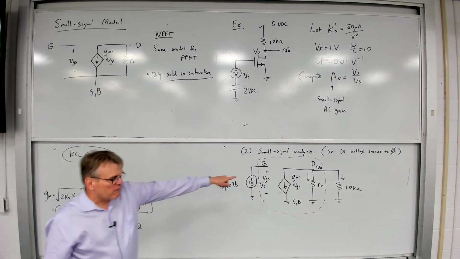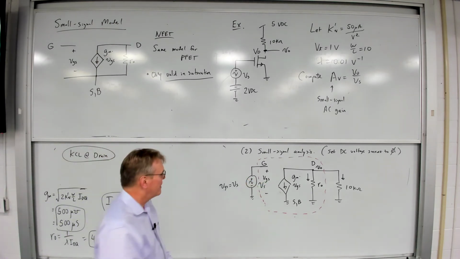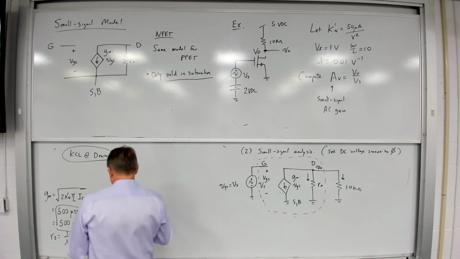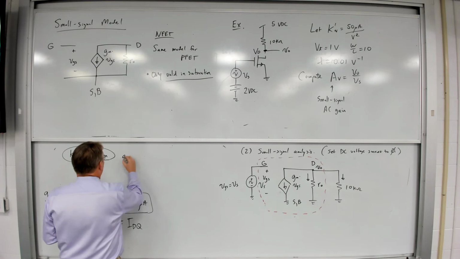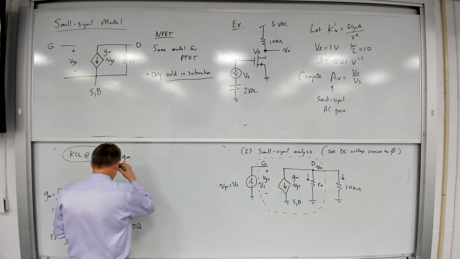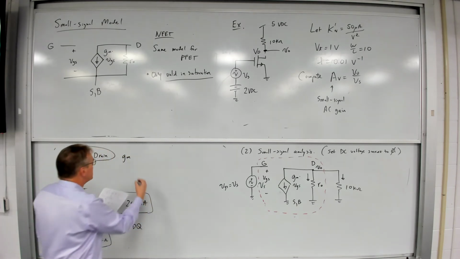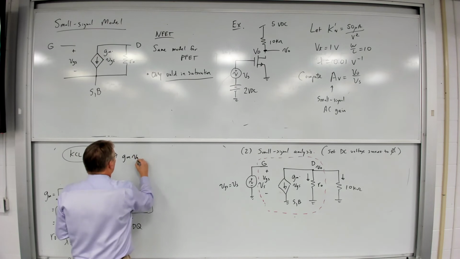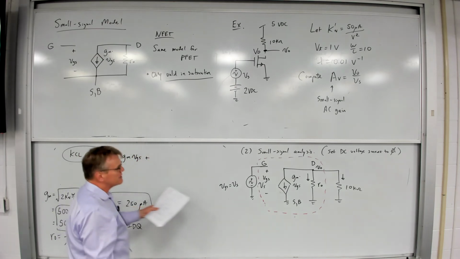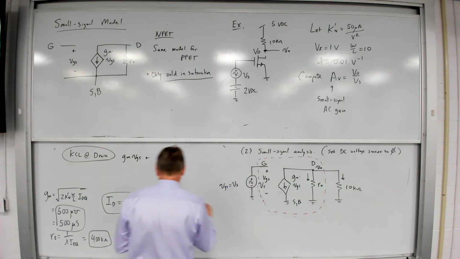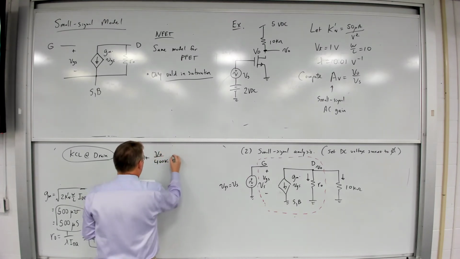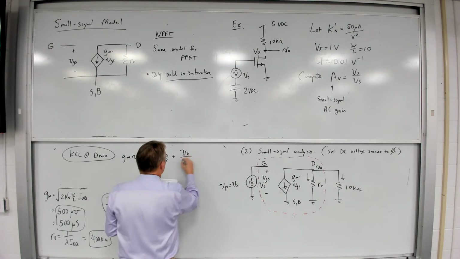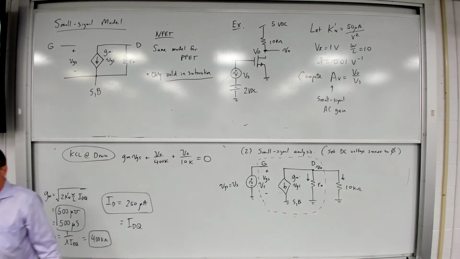And so therefore, I'm going to write everything in terms of that V sub O. So for my KCL, I've got that GM times, in this case, VGS plus V sub O over 400K plus V sub O over 10K is equal to 0.